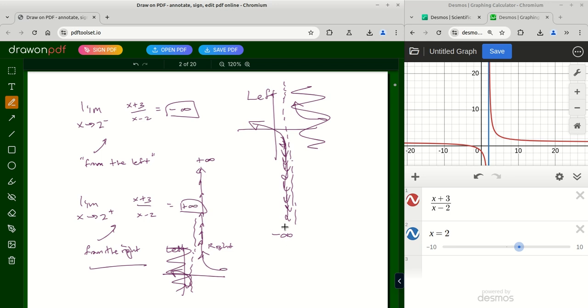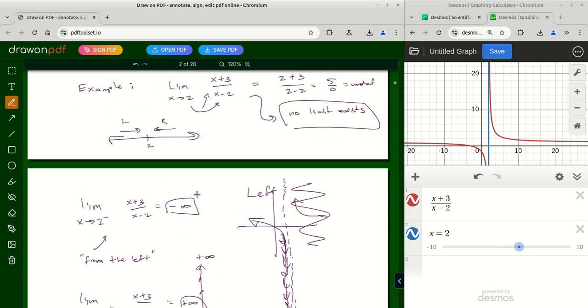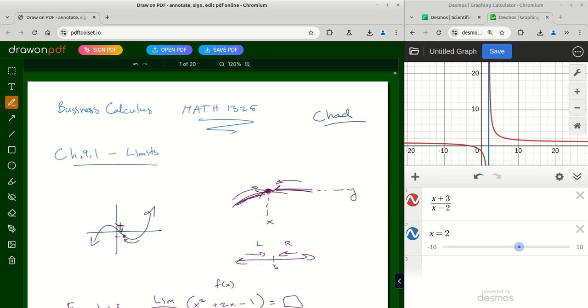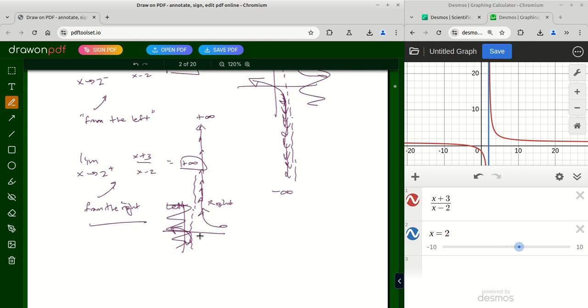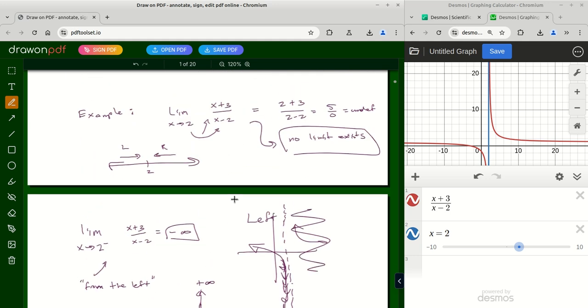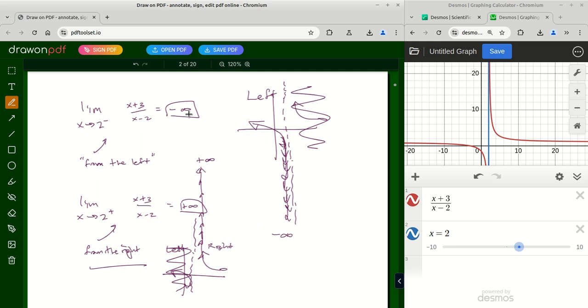Okay. So we found our limits on the left side and the right side. But when I said, hey, find the limit, we're always coming in from both sides. From both sides, okay? And so did I get the same result on both sides?